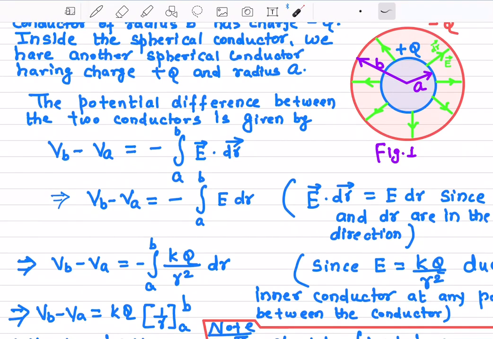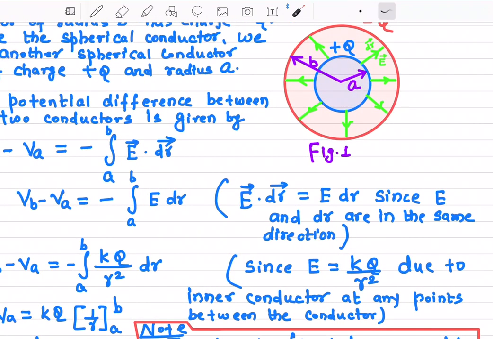The electric field and the displacement are in the same direction, so both are parallel. So this dot product can be given by E times dr, because there is no angle between them. If there were an angle, then you would have to write down the cosine component as well.